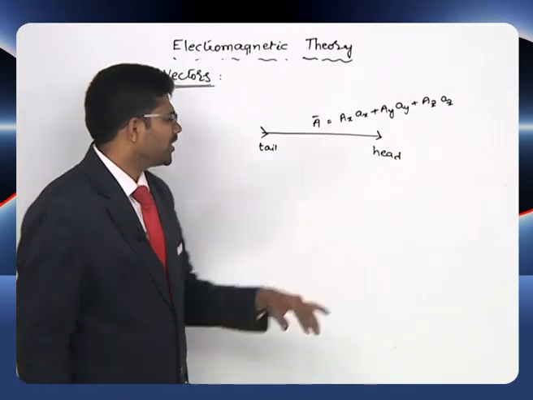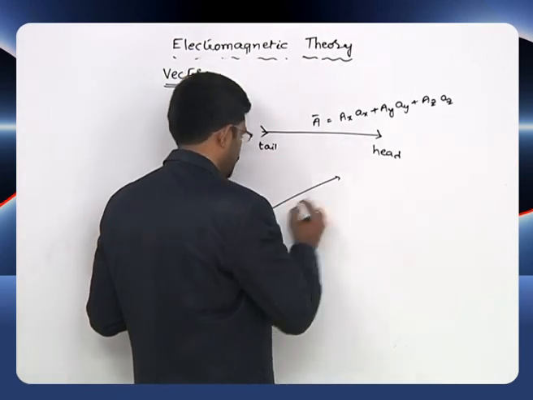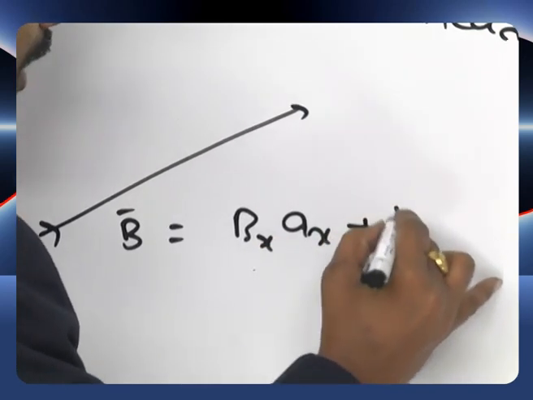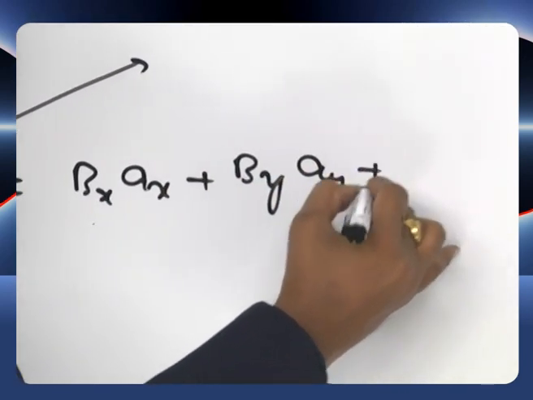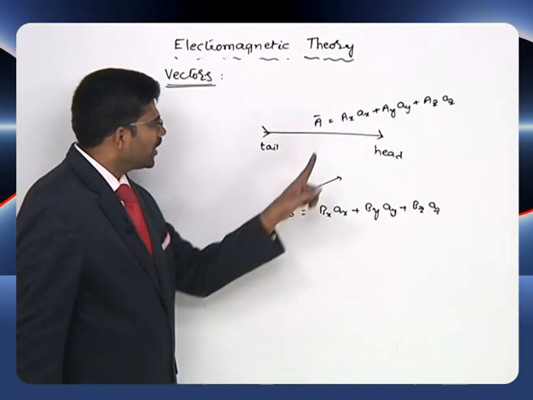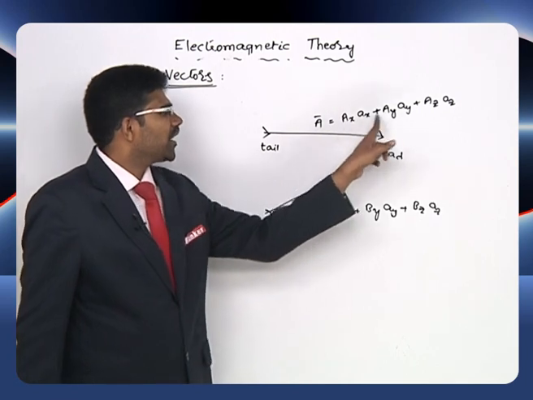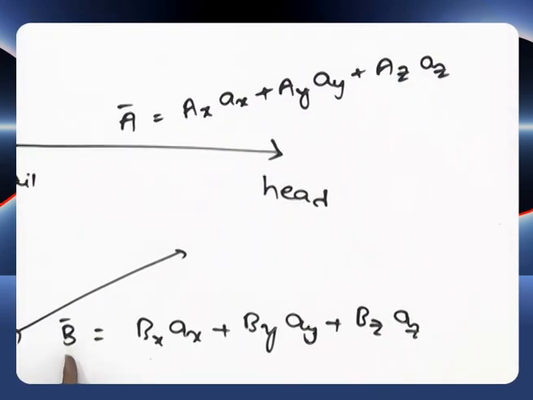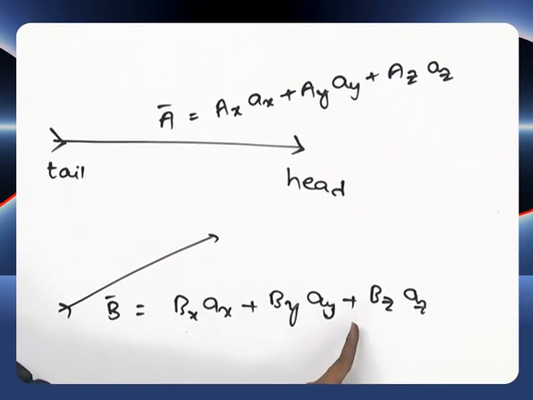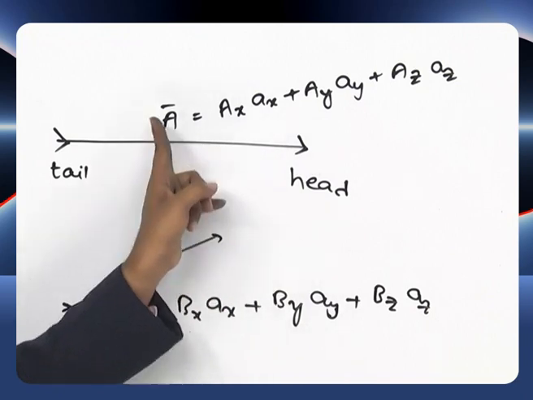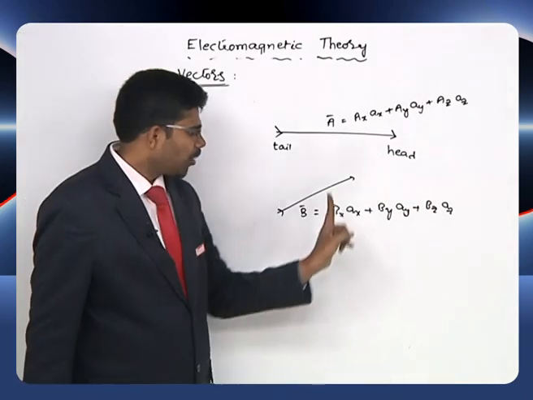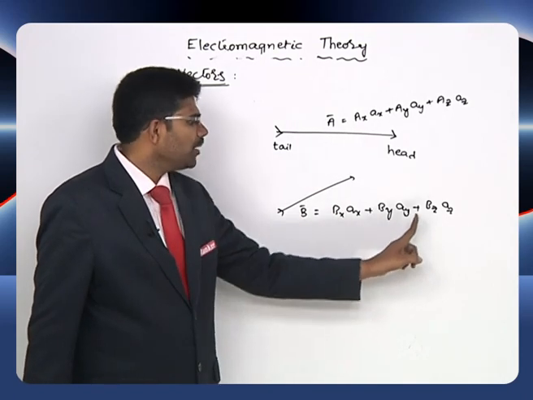In the same way, we can represent another vector B bar, which equals Bx ax plus By ay plus Bz az. They are called the components of the vector: the components of A are Ax, Ay, Az, and the components of B are Bx, By, Bz.